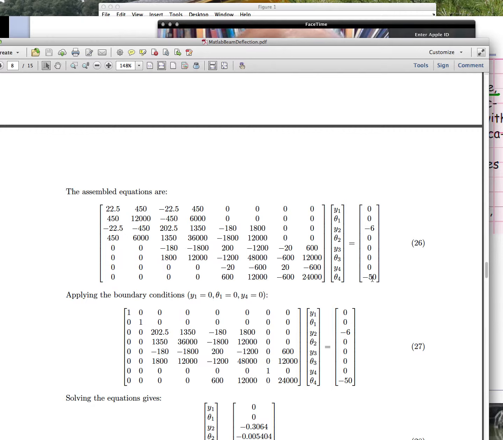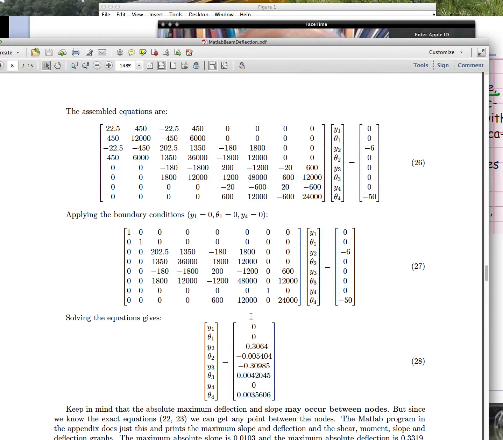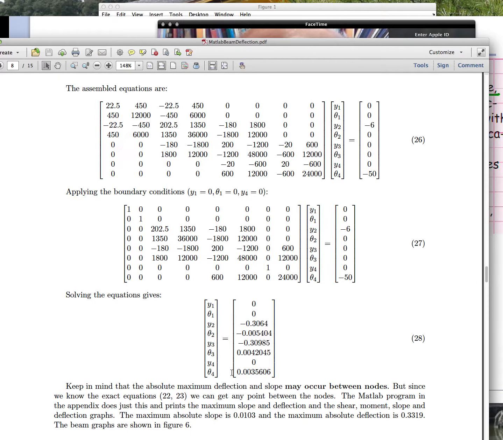But then we have to enforce additional displacement boundary conditions, which is y1 and theta1 equals 0 and y4 equals 0, and those we have to introduce and solve for the corresponding forces in there. So you can put these here and then solve the system of equations to give the solution.